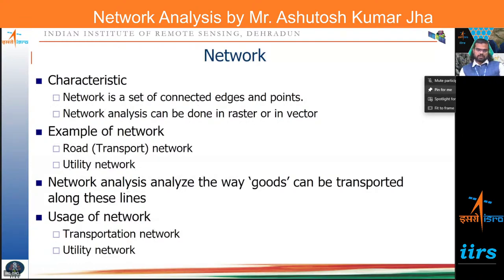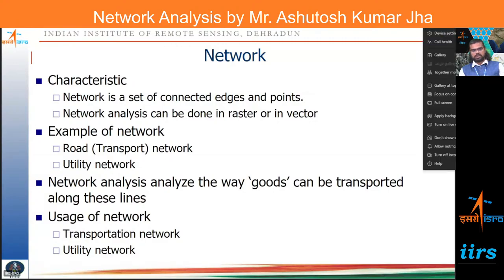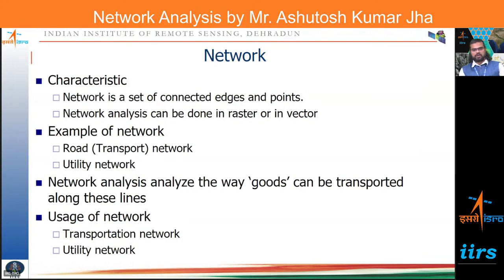All these navigation systems generally work on a network, that is, the road network, which has a few characteristics. Generally, you can say it is a representation, at a conceptual level, of connections between edges and points. The analysis can be carried out in both vector and raster data sets, so you can represent networks in raster and vector data.